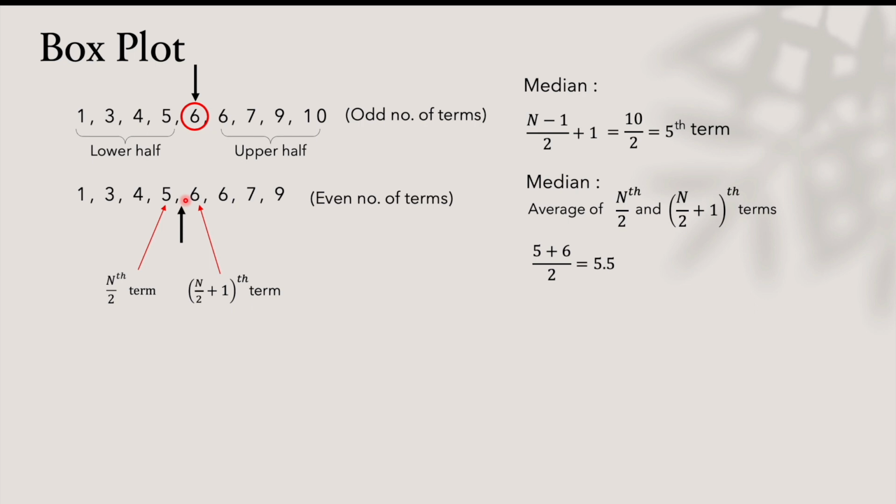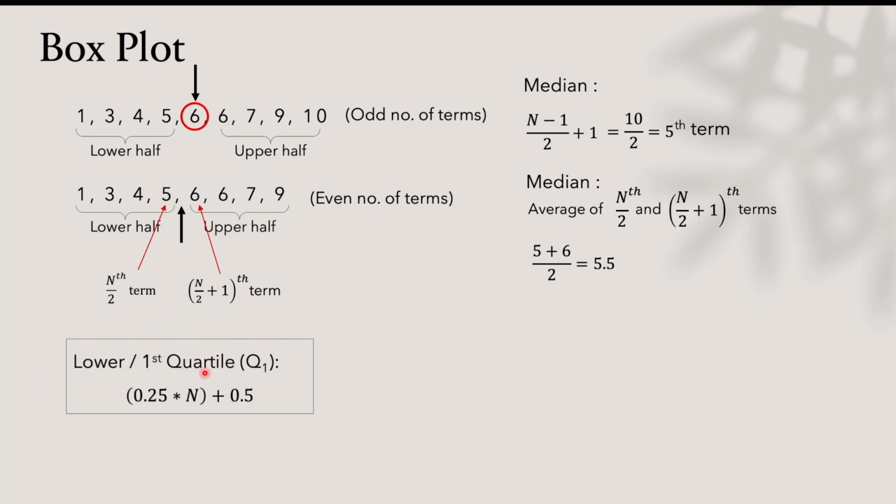So the median lies between the n over 2th term and the n over 2 plus 1th term, in between here. That's how we can find the median to plot on the box plot. And for Q1 and Q3 we can find them like this.